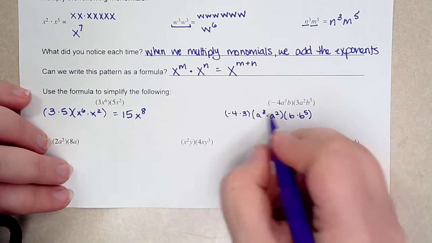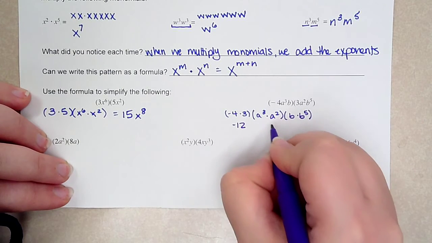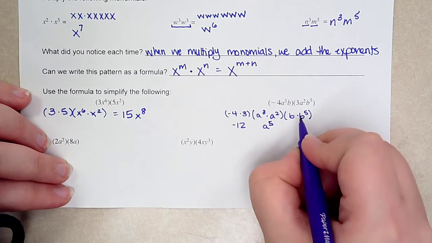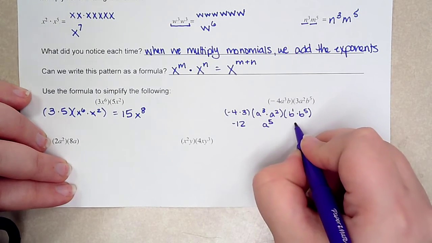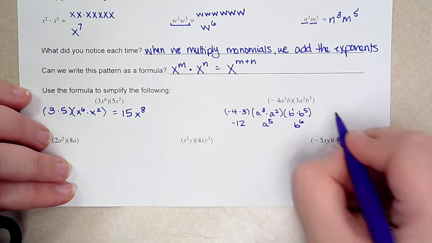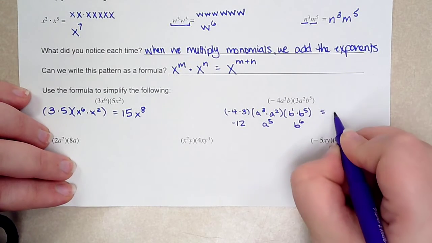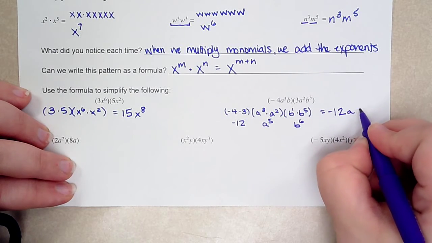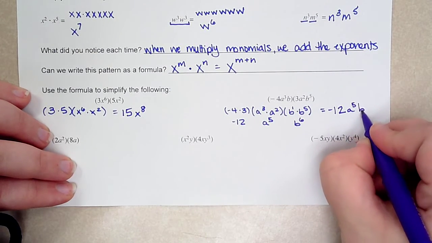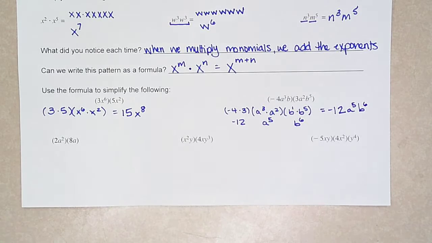When I multiply these all separately, I get negative 12 a to the 5th because I'm adding those exponents. And then b, remember, just has an exponent of 1. So this would be b to the 6th. When I put it all back together and smush it into one giant product, I get negative 12 a to the 5th times b to the 6th.